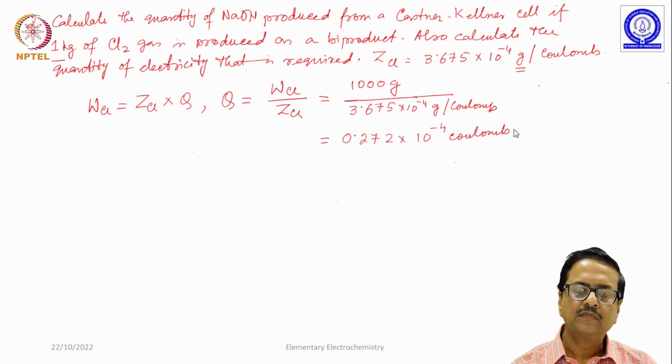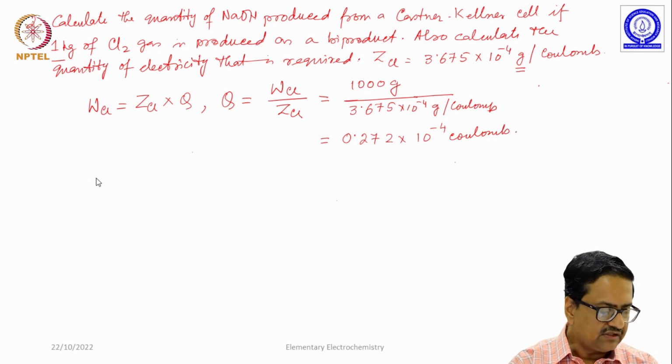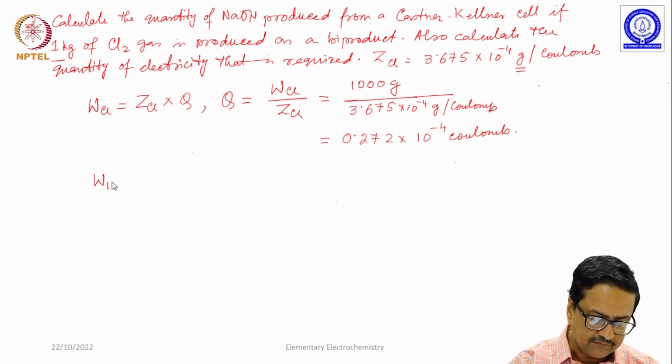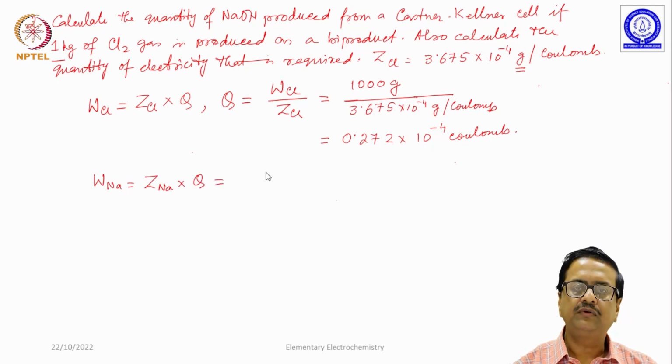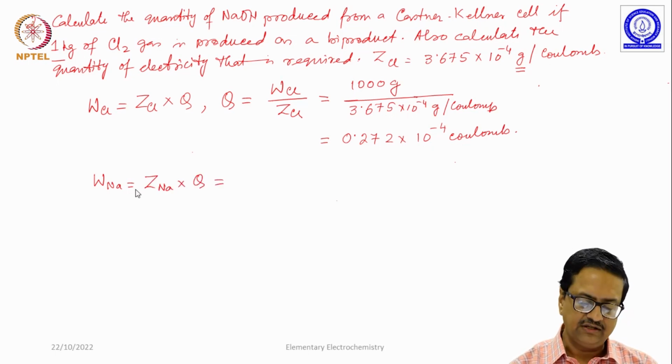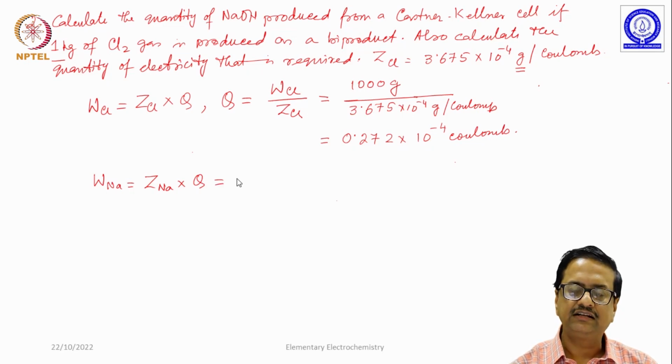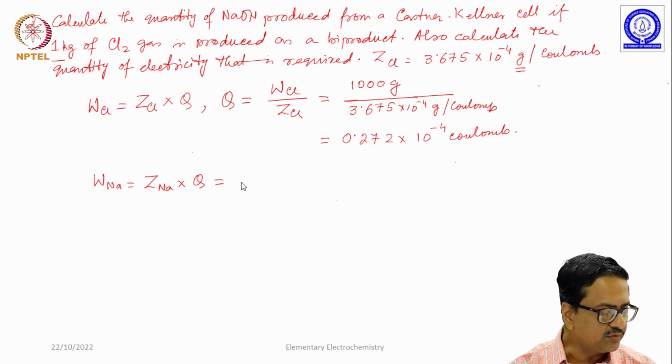Then to calculate W of sodium, it is Z of sodium into Q, and we need to find this value of Z of sodium from the electrochemical tables available in various textbooks.